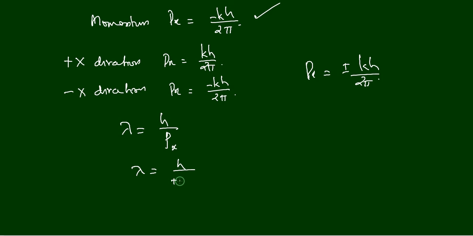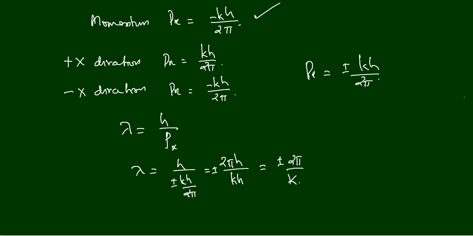So that is equal to 2 pi h divided by kh, plus or minus, that is equal to plus or minus 2 pi by k.